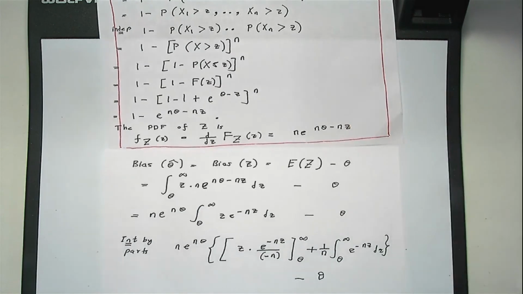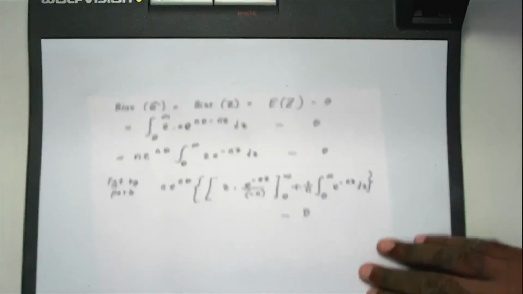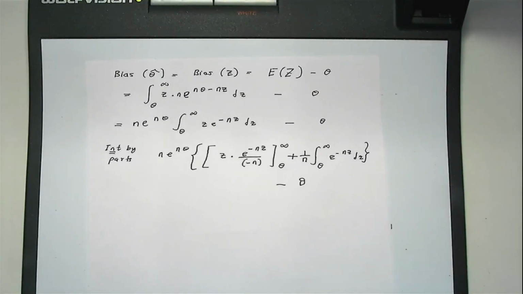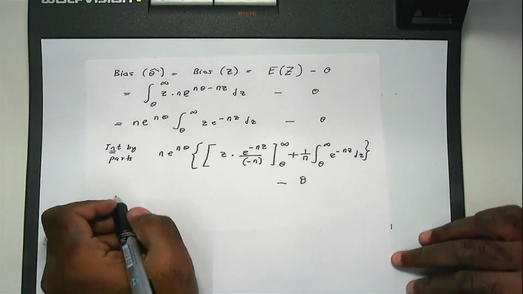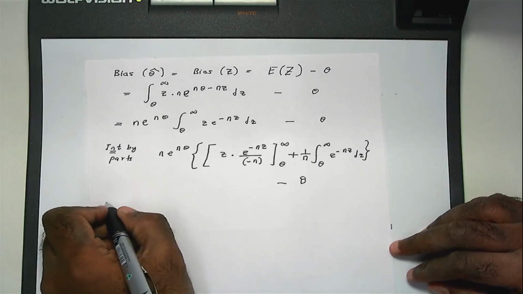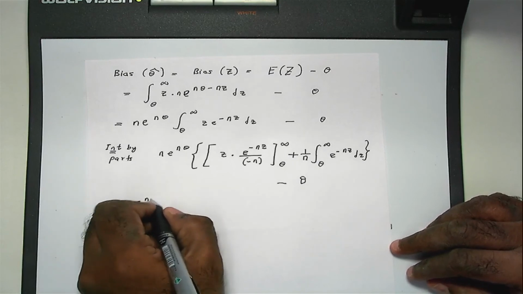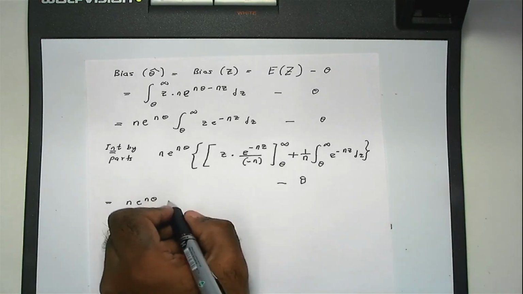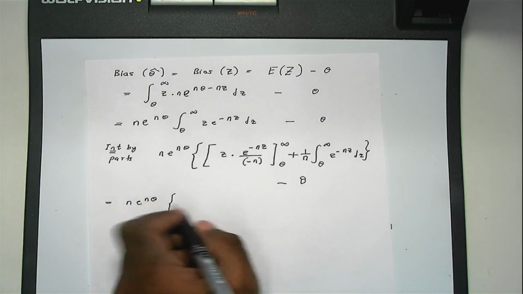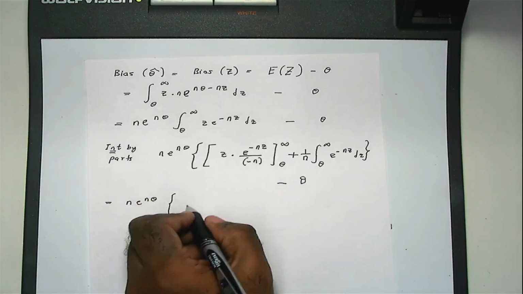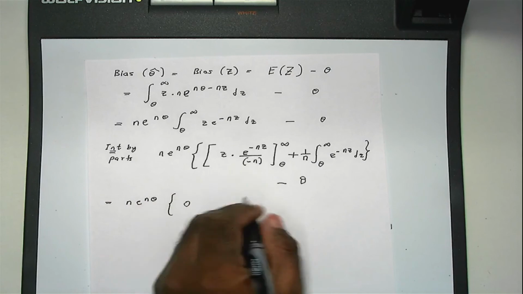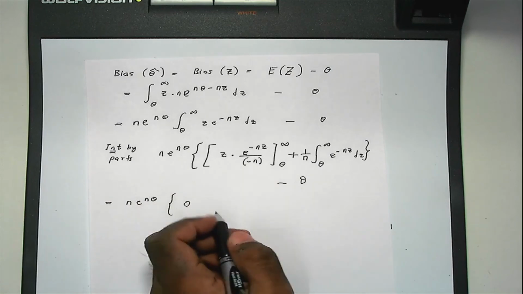Let me take this away. Now let's simplify this. The limit at infinity is 0, and the limit at theta is the following.